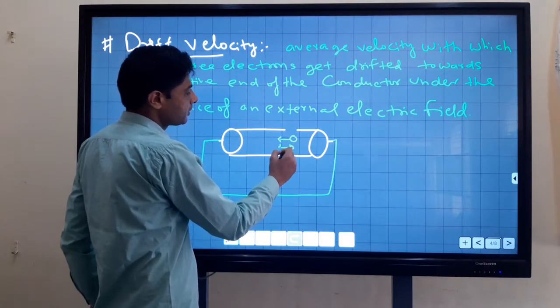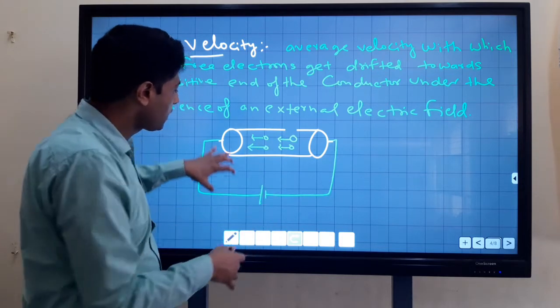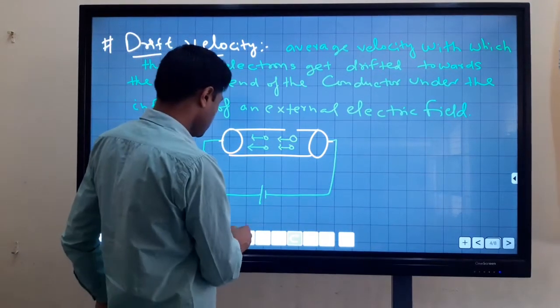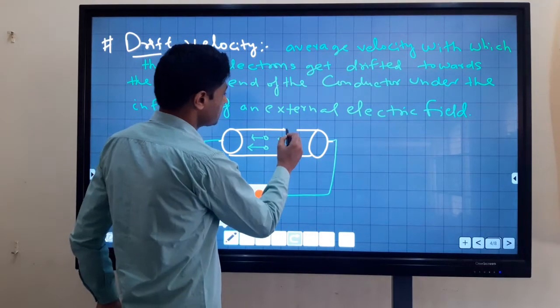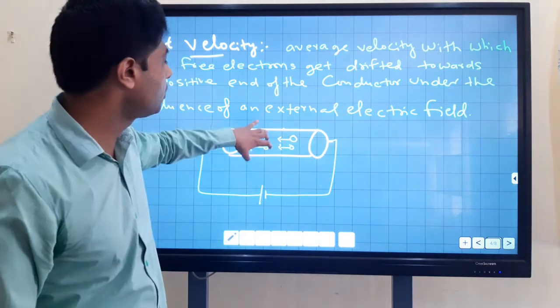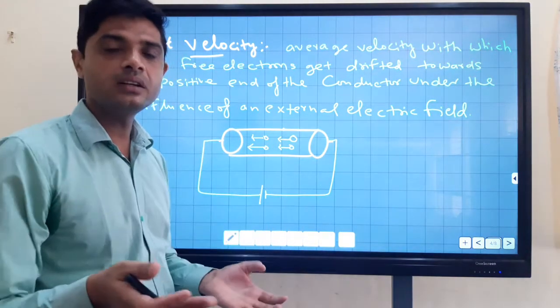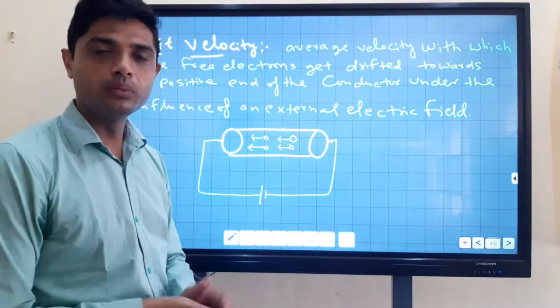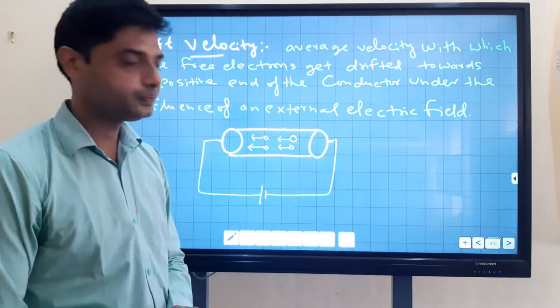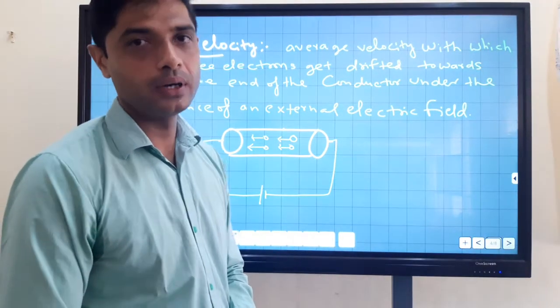When a battery is applied across the ends of a conductor, a force acts on the electrons, and due to this force an acceleration is induced in the motion of electrons under the influence of the electric field.